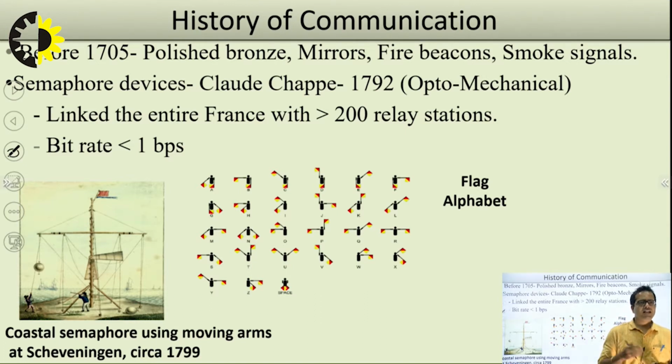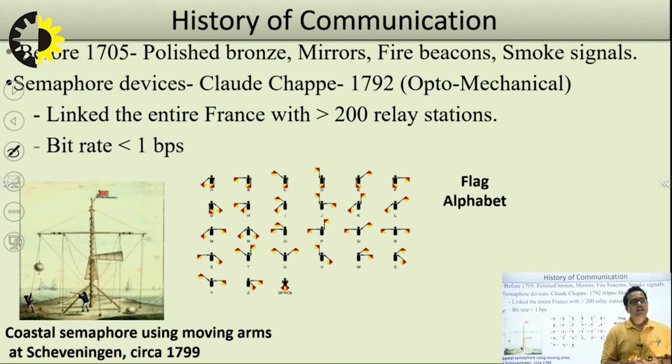After this, in 1792, the person was Claude Chappe, and he used an optomechanical way of communications. In that system he used semaphore devices. In a semaphore device, communication is done with the help of a flag.